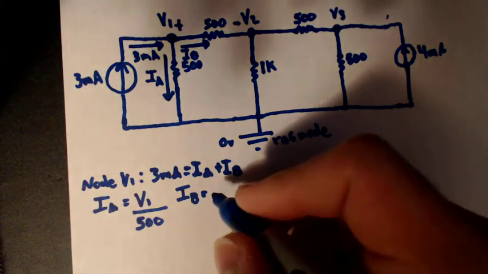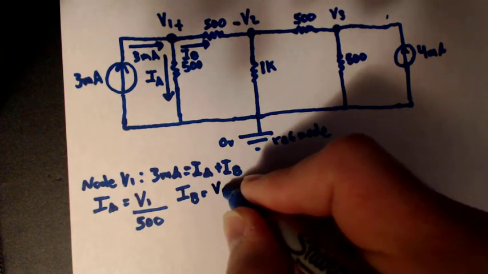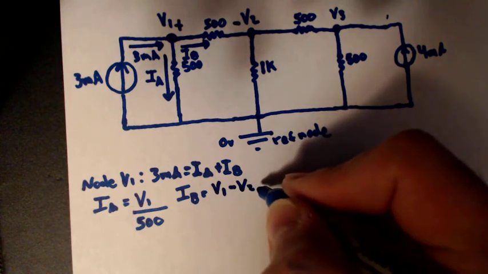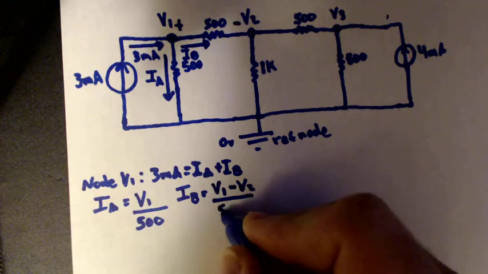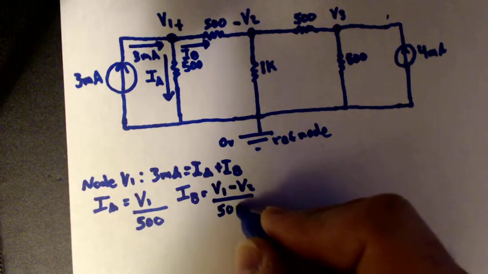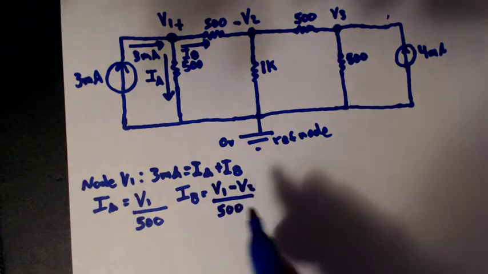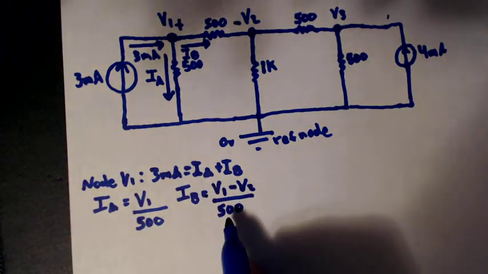Well, the voltage drop across the 500 ohms is positive V1 minus V2, all divided by 500. Okay, so that gets us our expression for IB.